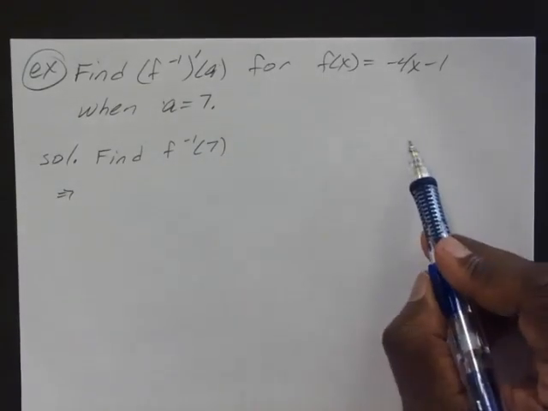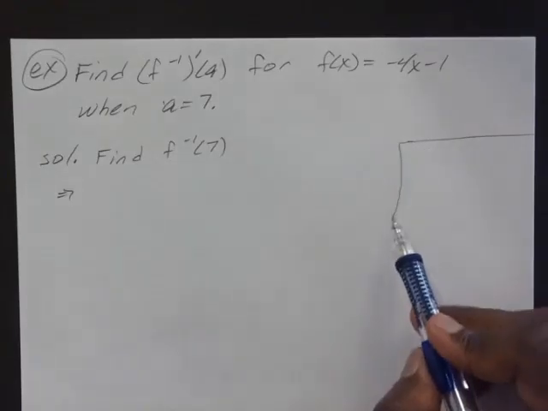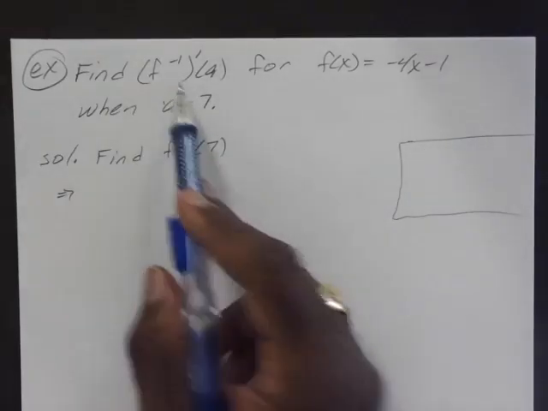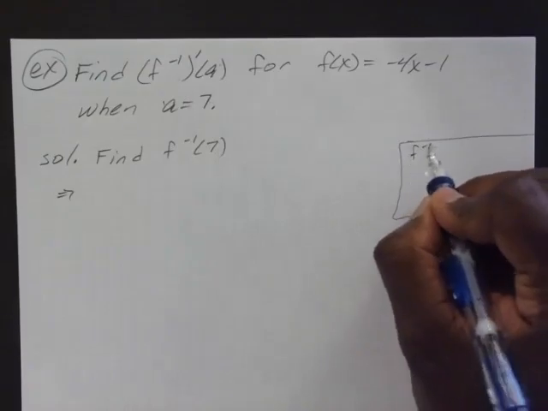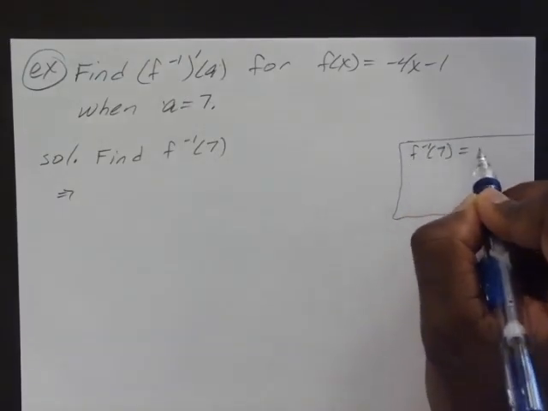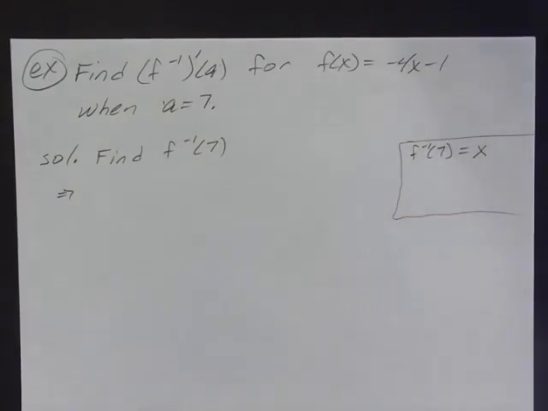Okay, so we can do that because we know that if we're looking for f inverse of 7, it's going to equal some value that we will call x.